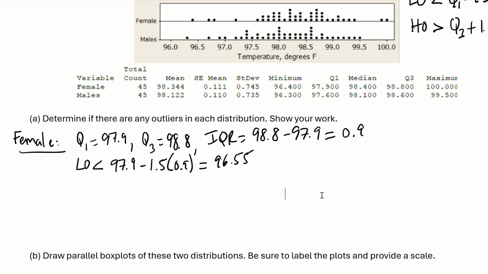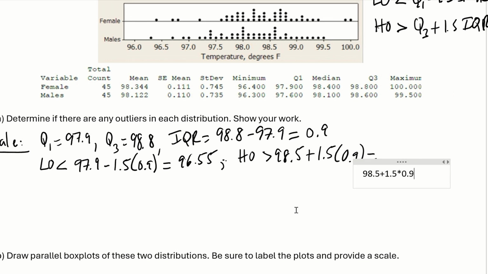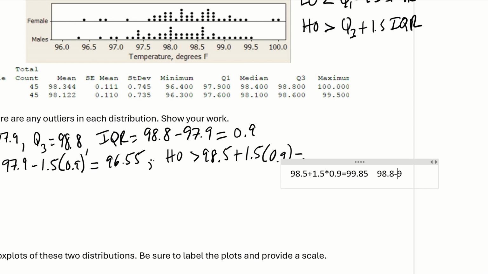Let me delete that. Now let's do the high outlier. The high outlier is greater than the third quartile plus 1.5 IQR. So 98.5 plus 1.5 times 0.9 is 99.85. Let me double check the IQR to be on the safe side.